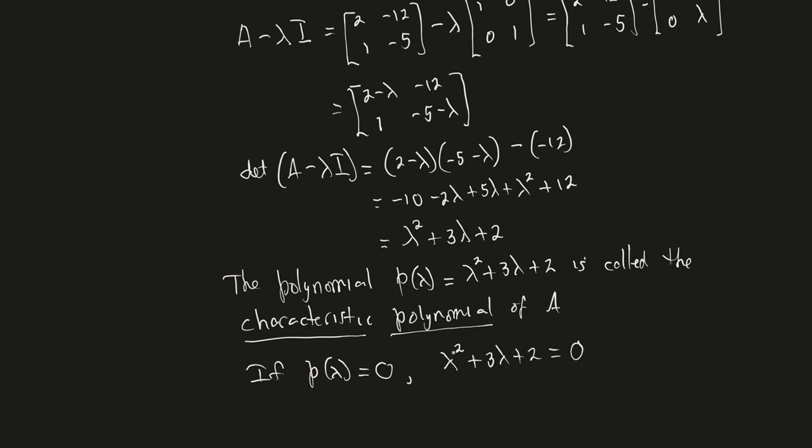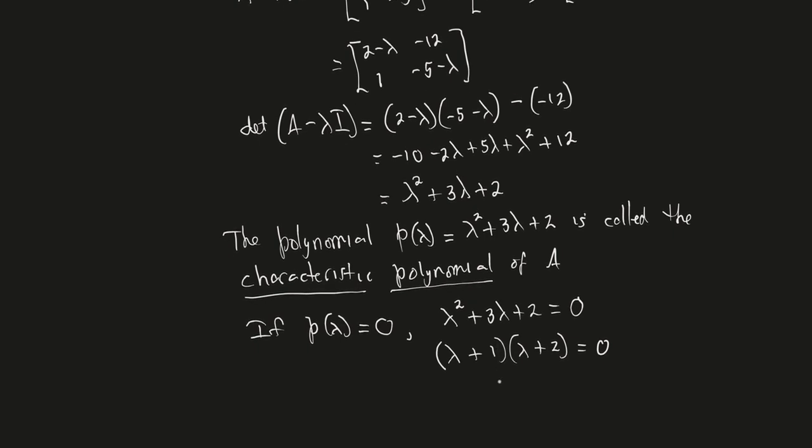Well, this one worked out nicely in that it is factorable. We can actually factor this. This factors as lambda plus 1 and lambda plus 2, right? So we have two nice integer values, all right?